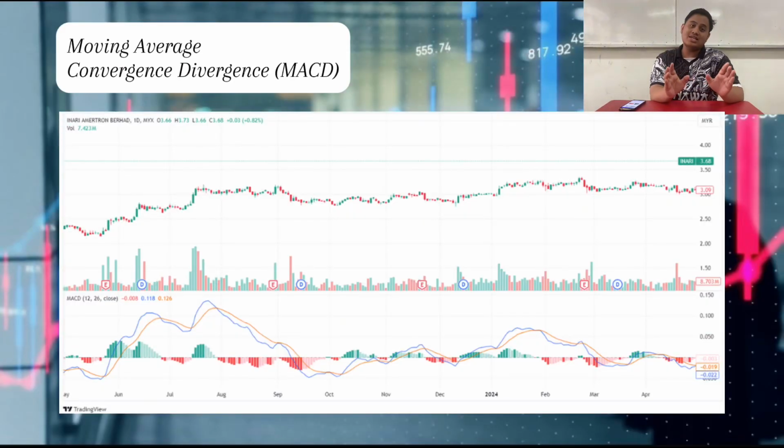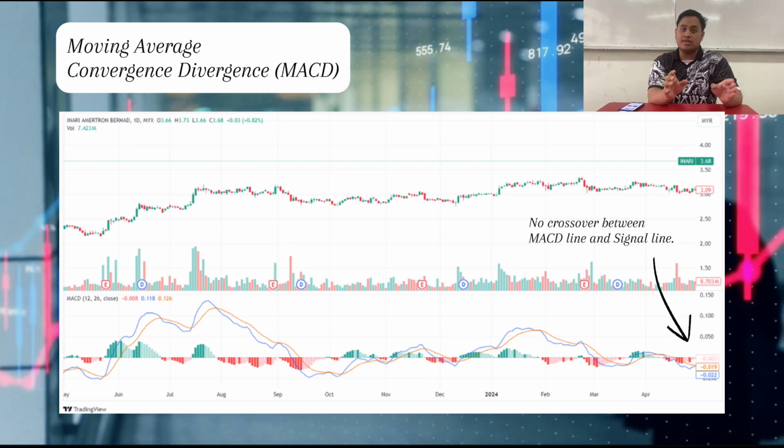Based on the 30 April 2024 data for Inari stock using the MACD, we can see that there is a hold signal because there is no change in the histogram and no crossover between the MACD line and the signal line.